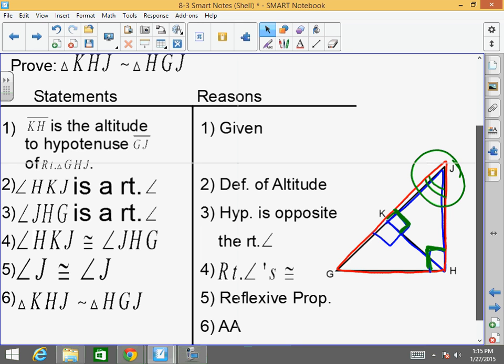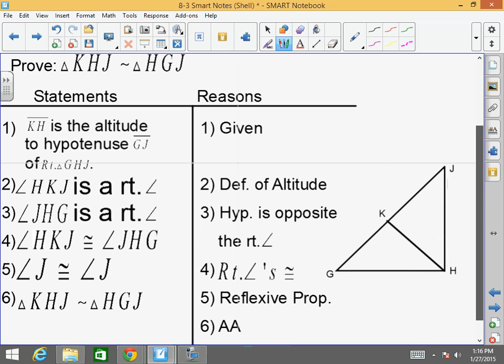Okay. Look, don't I have this triangle here? That's one angle, that's one angle. Then don't I have this larger triangle? That's one angle, that's one angle. Okay? What if I erase this?